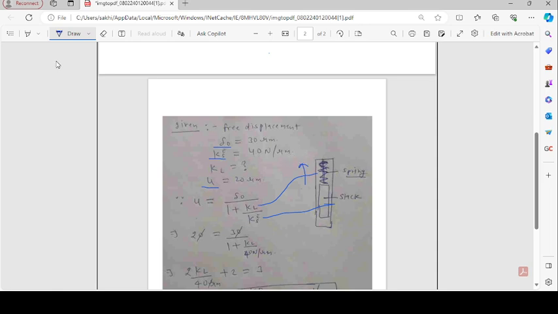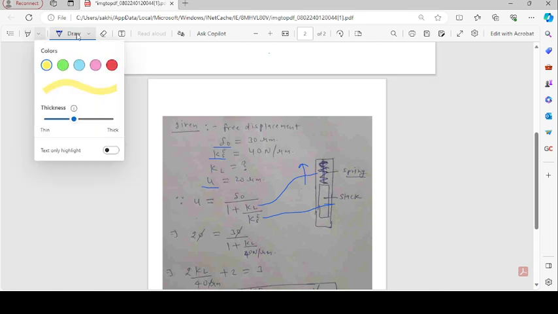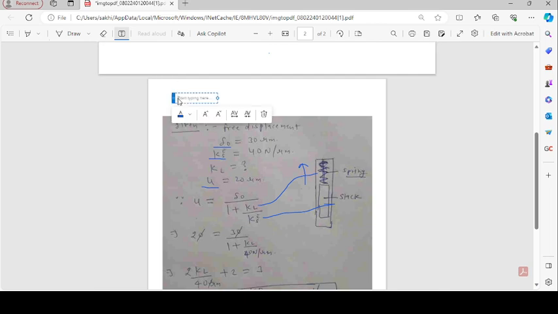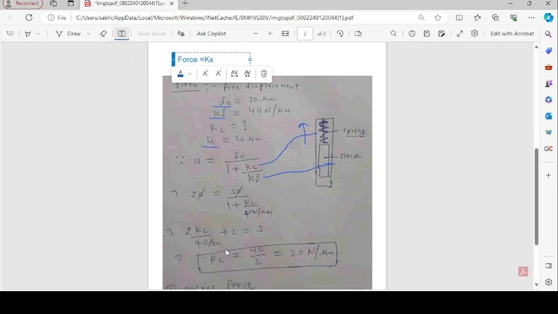We all know that force is k multiplied by x, right? Force is the displacement multiplied by the stiffness. So k_l is the stiffness of this spring.